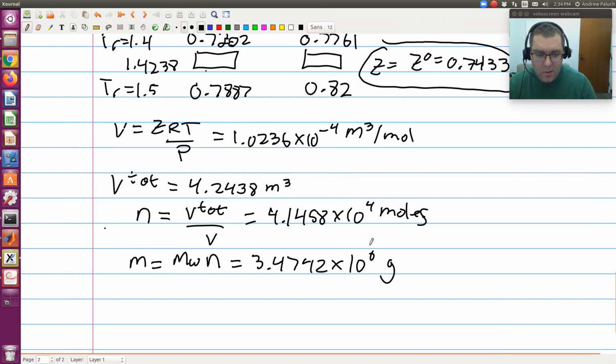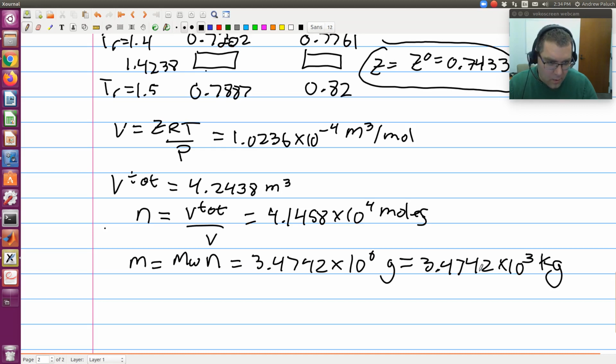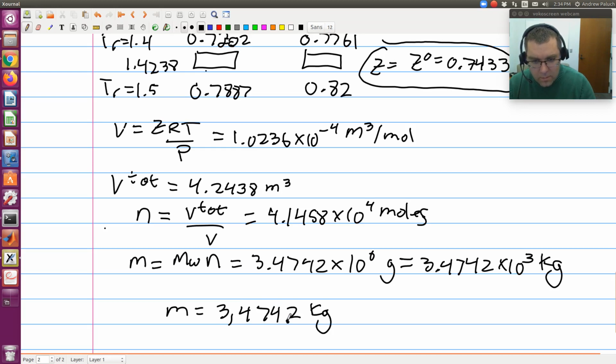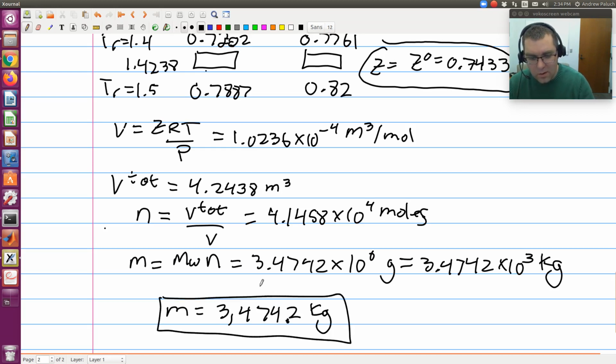If I convert that to kilograms, the conversion factor is 1,000, so 3.4742 times 10 to the 3 kilograms. So mass would be 3,474.2 kilograms. This is my max mass that the tank can hold at 25 degrees C.